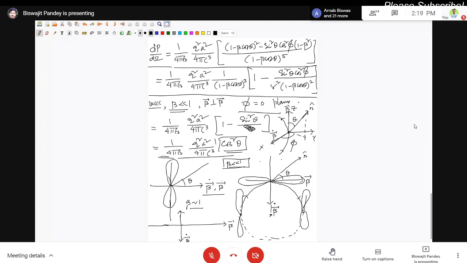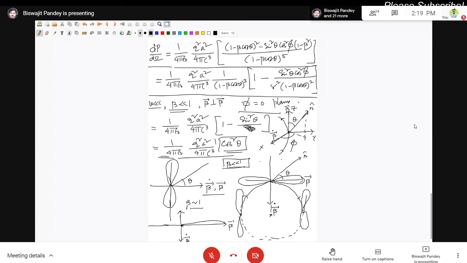When the velocity is relativistic, what will happen? The forward lobe will be elongated; it will be longer. Here I do not have much space, so I'm just drawing a picture. Imagine this to be longer than this one.